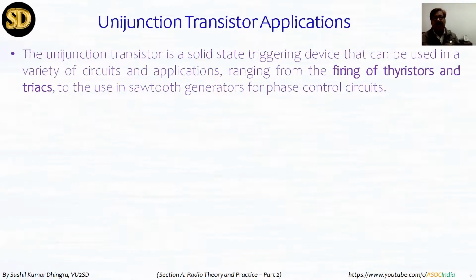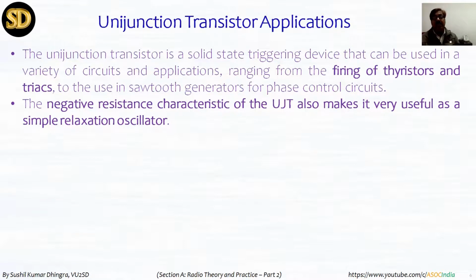So as I told you, the applications are simply firing of thyristors, triac and other families, generating a sawtooth wave, controlling phase control circuits and other relaxation oscillators and devices, and it has a negative resistance characteristic.